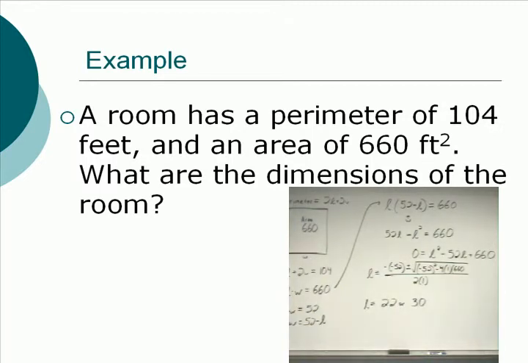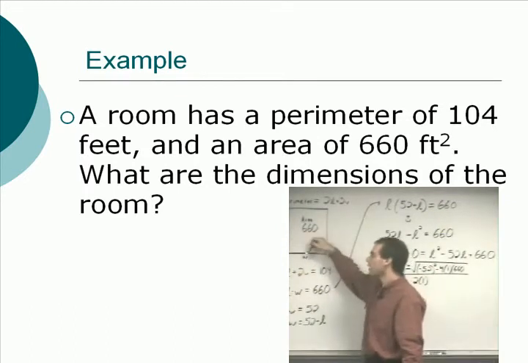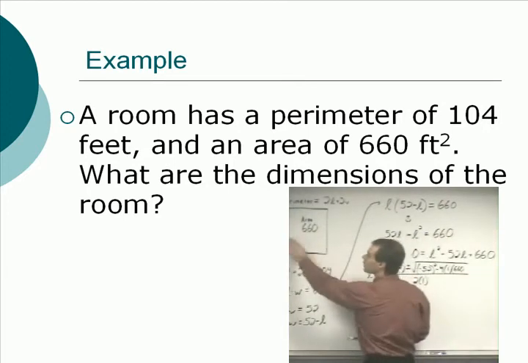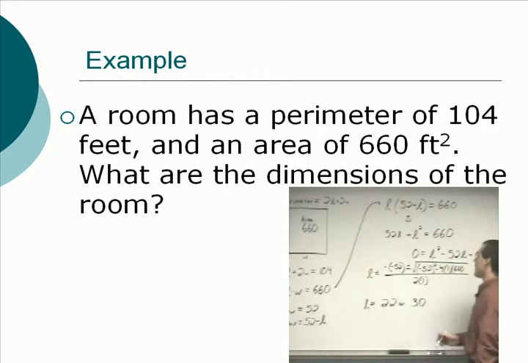Which one of those two is right? Here's a case where either one of them is just fine because these are the dimensions of the room. It is 22 by 30 or 30 by 22. We arbitrarily called the narrow one W and the long one L, but we could have switched it around. And so 22 or 30 are our two solutions.